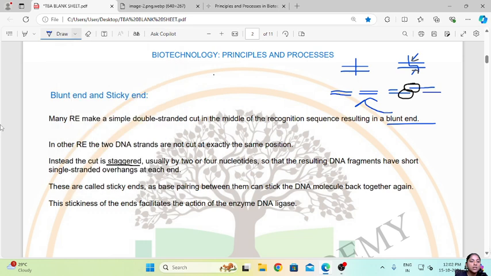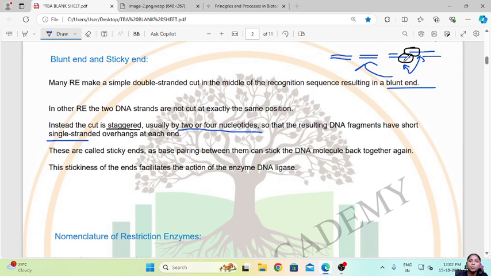Instead the cut is staggered, usually by 2 or 4 nucleotides. So if one cut is taking place over here, the next cut will be 2 to 4 nucleotides apart, so that the resulting DNA fragments have short single stranded overhangs at each end. So as we can see, there are single stranded overhangs at both the ends.